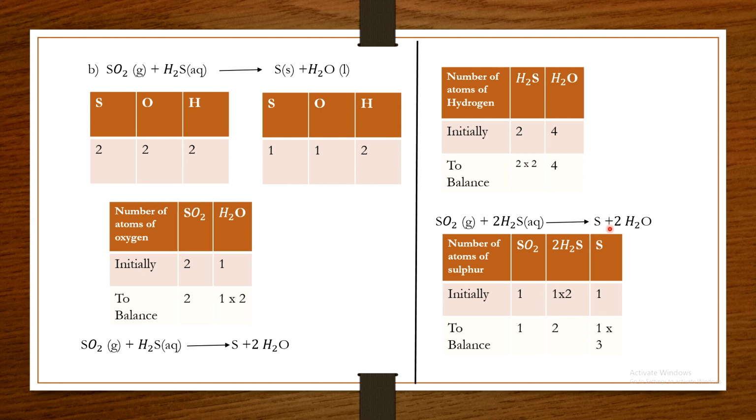On the product side there is only one sulfur atom, so 2 plus 1 becomes 3, and here only 1, so we have to multiply S by 3. Our equation becomes SO2 plus 2H2S gives 3S plus 2H2O. Now this is called a balanced chemical equation.